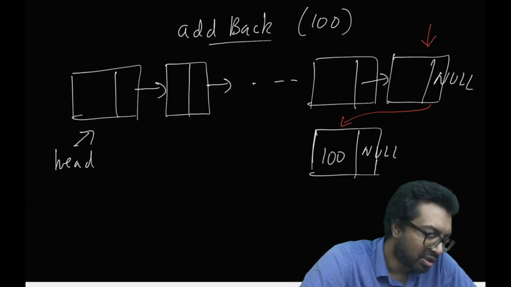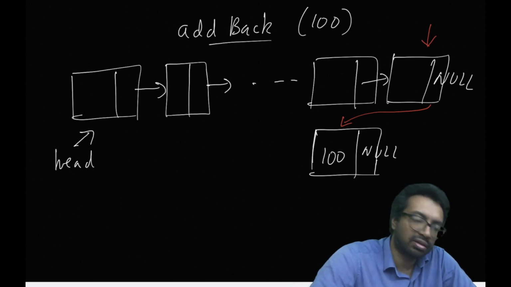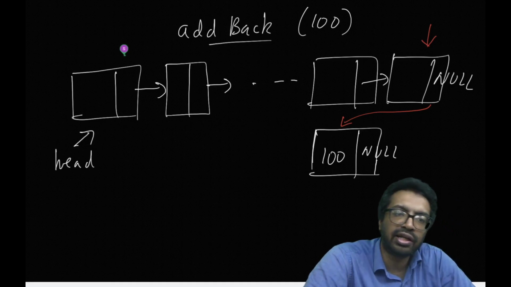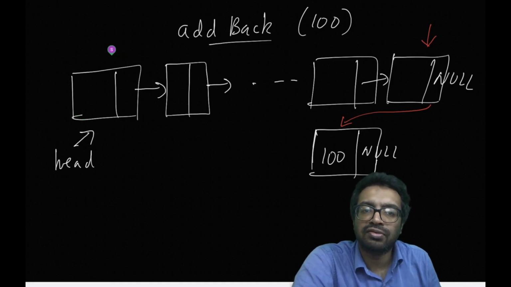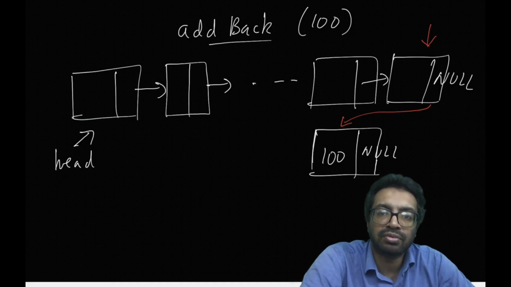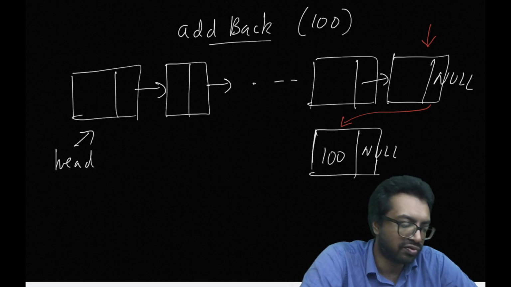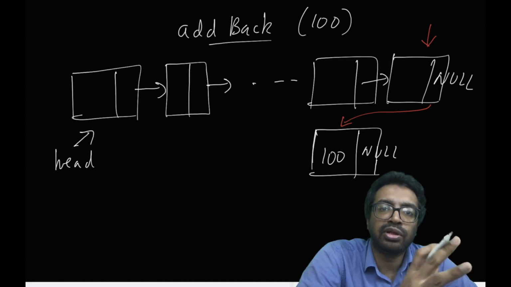So similarly, I can keep on arguing and I can reach the front node. I can say, okay, where is this front node sitting and what is the address of this front node? And that address is in the head node that we know, and therefore we have to traverse this entire list to find out this last node in the current list.